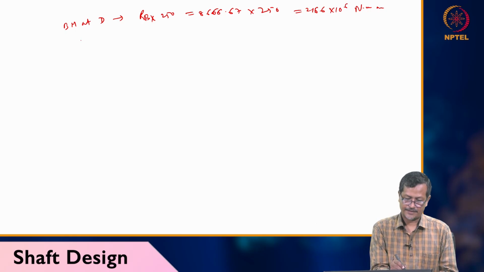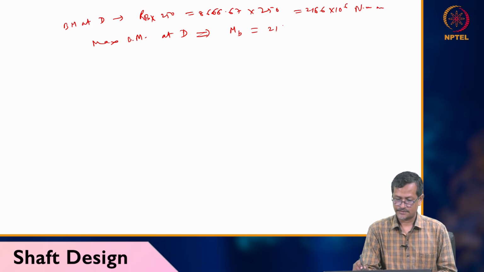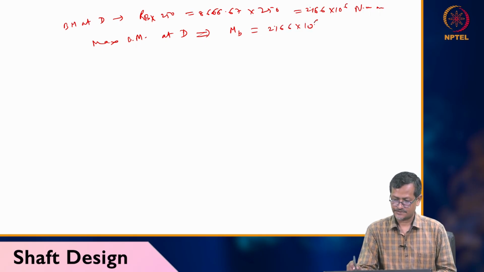So the maximum bending moment occurs at D, which implies the maximum bending moment is taken as 2.166 into 10 power 6 Newton millimeter.